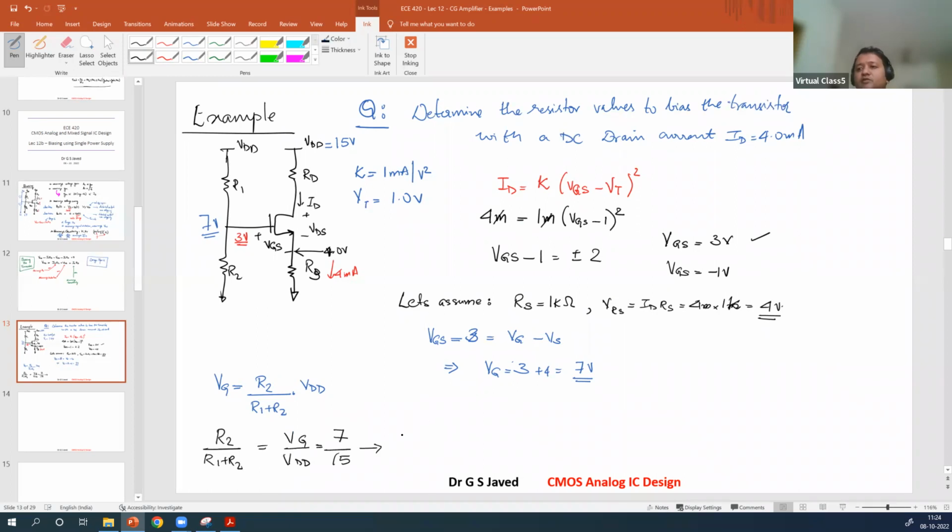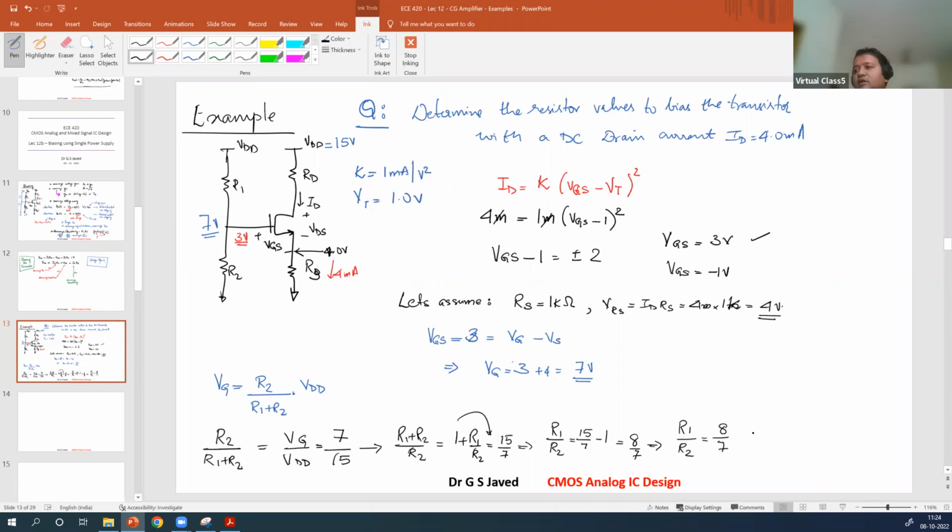Now if you invert these two, you get R1 plus R2 over R2, that is 1 plus R1 over R2 is equal to 15 by 7. Simplifying again, R1 over R2 is 15 by 7 minus 1. So 15 minus 7 is 8 by 7. That implies R1 over R2 is given by 8 by 7.